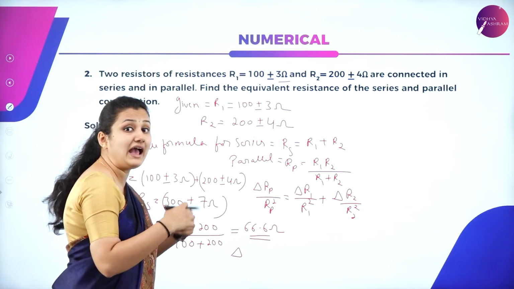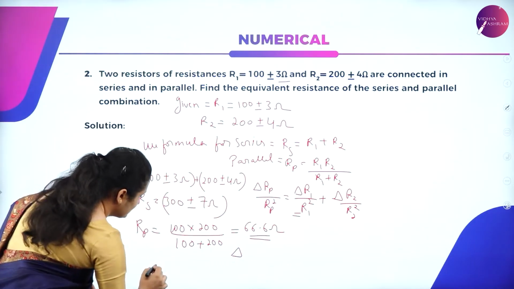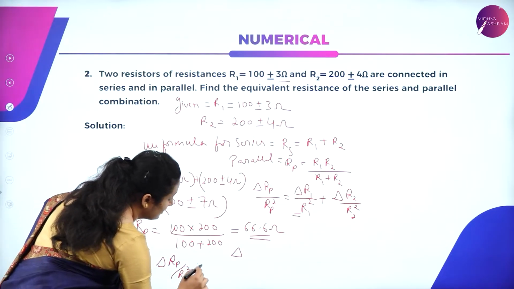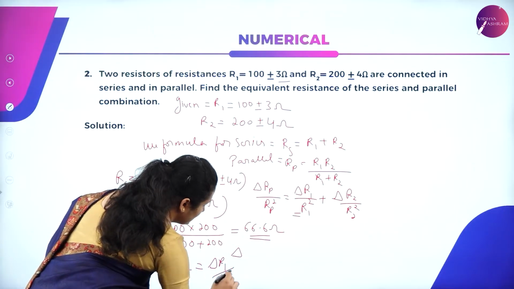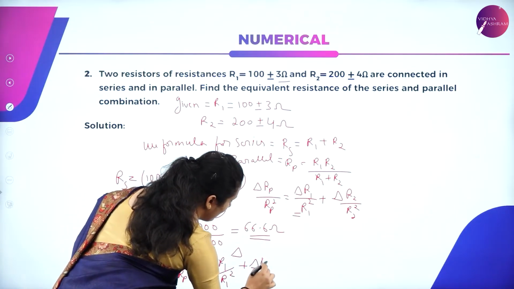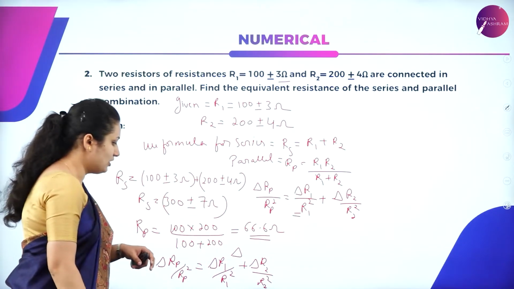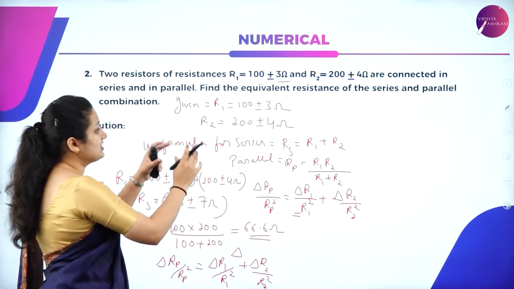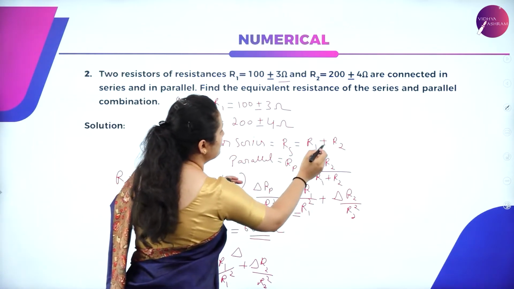How will we find out now error in equivalent resistance? That is why we use this formula. This formula delta Rp by Rp square is equal to delta R1 by R1 square plus delta R2 by R2 square. So how will you calculate error in your equivalent resistance now? You got equivalent resistance in series, it is R1 plus R2.